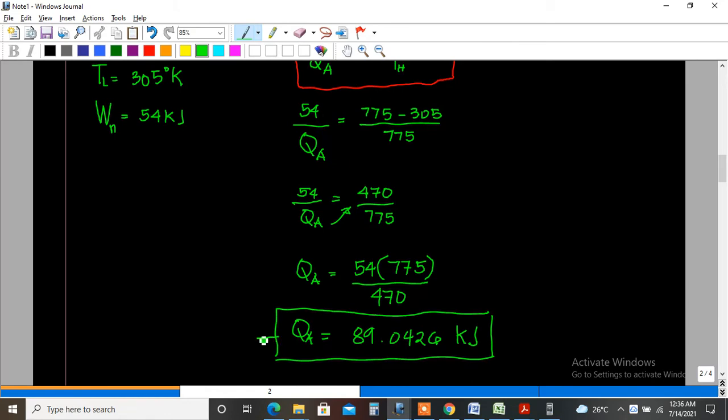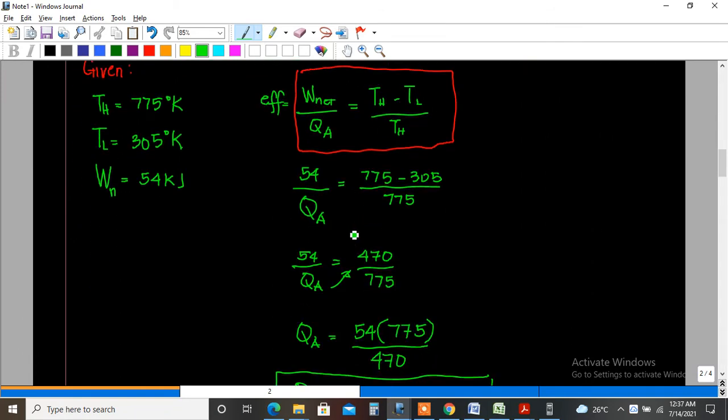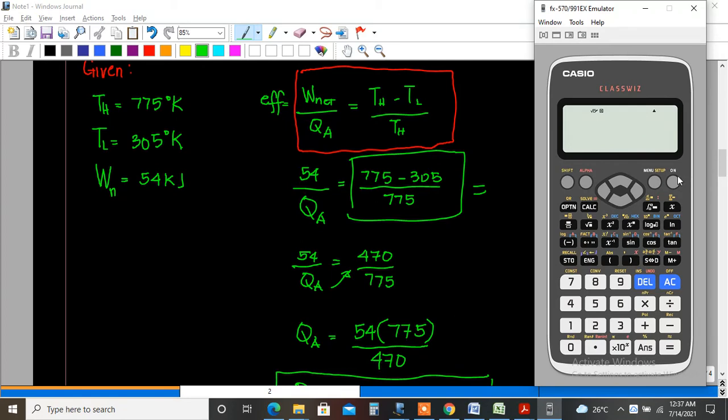So this is letter A. Then we have the change in entropy during heat rejection. But first we have to find the efficiency. So this is the efficiency. Let's try to solve this one. Efficiency will be equal to 775 minus 305 divided by 775.